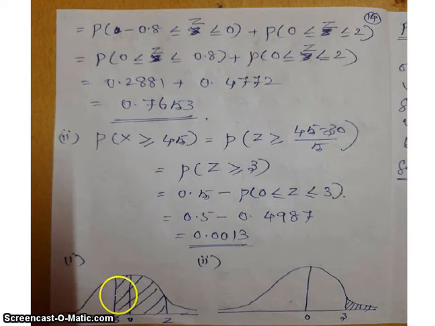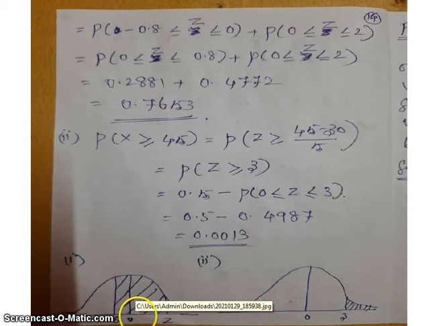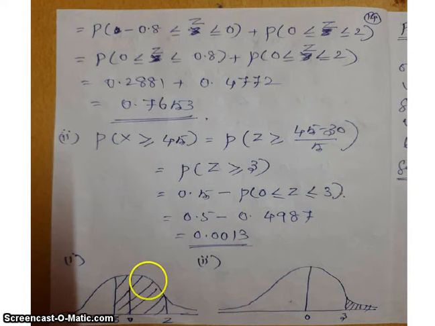But I told you, you won't get the table value on the minus side. The distance will be the same: the area from 0 to minus 0.8 is equal to 0 to plus 0.8. This is the middle value. This side is 0.8 distance; since it is the left side, it is a minus symbol. If you take this value on the right side, it is 0.8. So the distance is the same, only the symbol is plus or minus, but the area between 0 to minus 0.8 and 0 to plus 0.8 is the same.